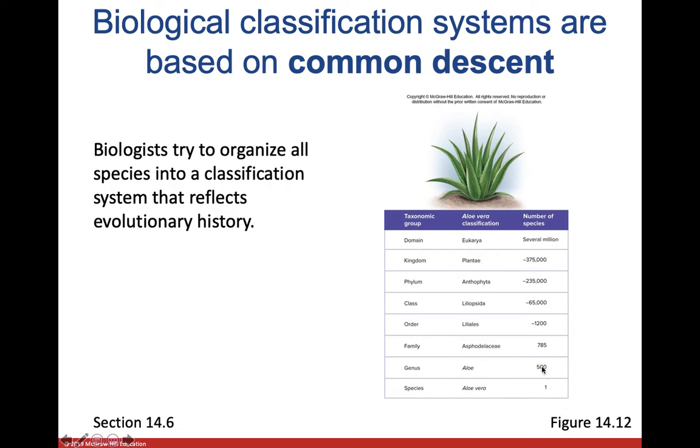So how this works is the more levels you share in common with the ones above you, the more you are related to them. So if you share the same genus name, aloe vera, aloe martinsii, aloe ferox, all the rest of those would be related to aloe vera, but they are not the same species. And we know that because, once again, this would be like saying Steve Jones and then his father Adam Jones and his mother Alexa Jones.